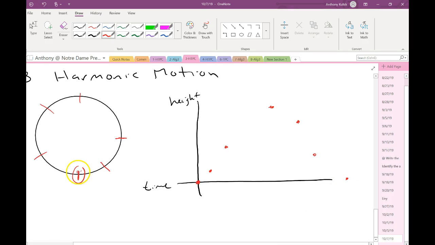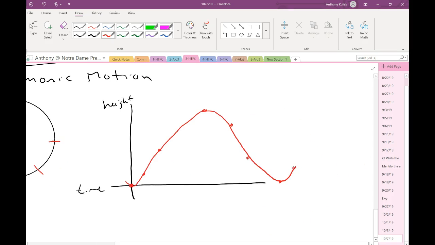And what's going to happen? It's going to start repeating again, right? So it's going to make this kind of looking graph. What would we call this kind of graph? As a name. This is a sinusoid.